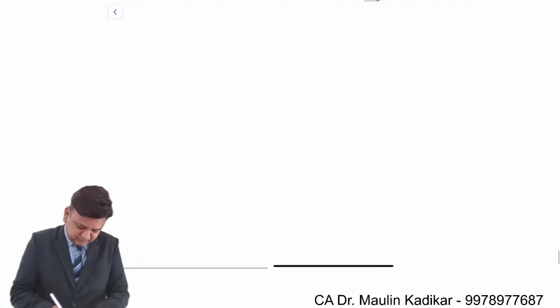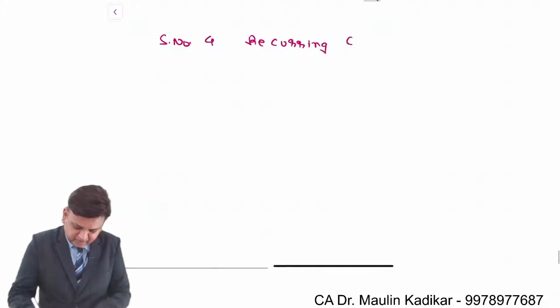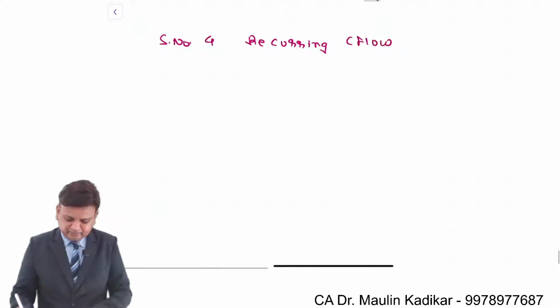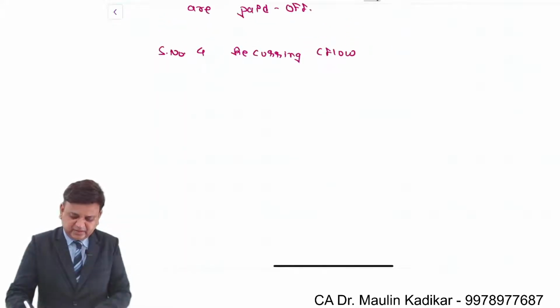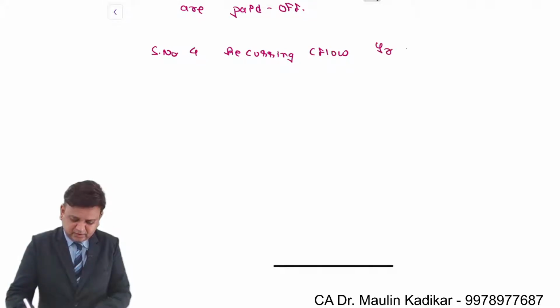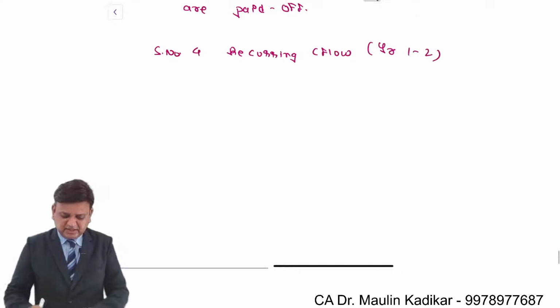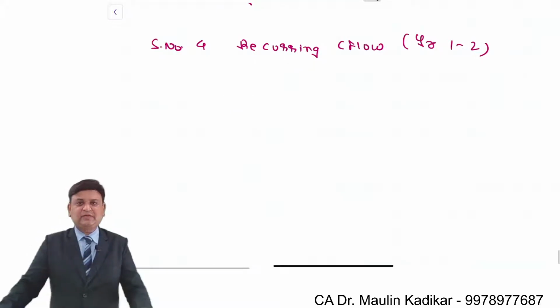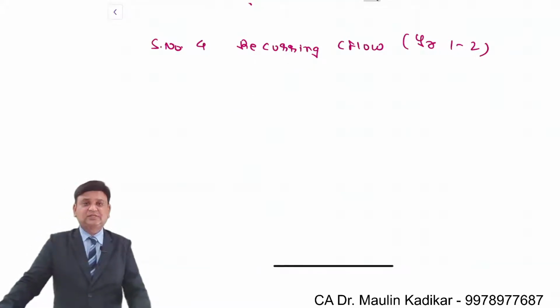Step number 4. Recurring cash flow. Recurring cash flow will be calculated for the first year and second year. Recurring cash flow means the amount of the cash flow that we are able to receive from the business.